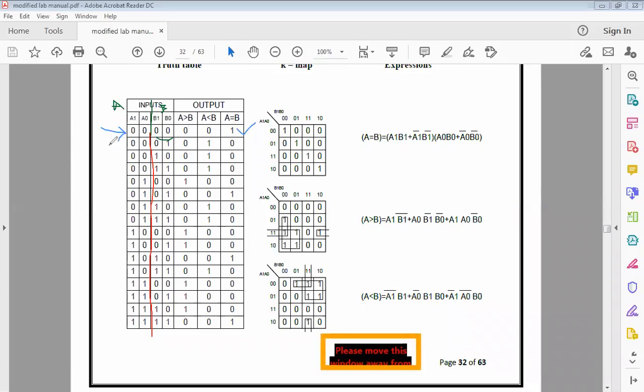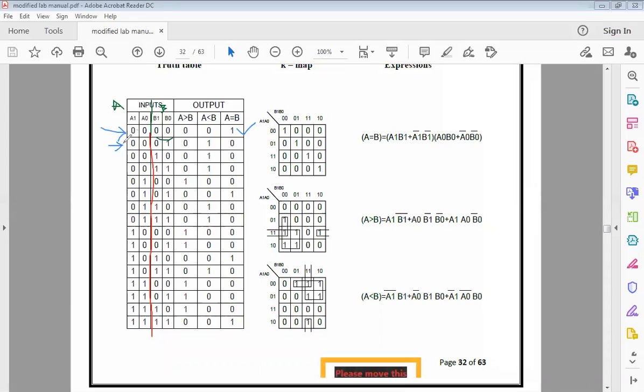Similarly, in the second case, can someone tell me what is the value of A here? What's the value of A? A bar, sir. No, A is how much? I'm just asking the value here. It is 0, sir.